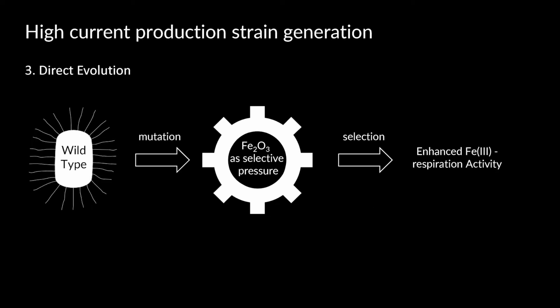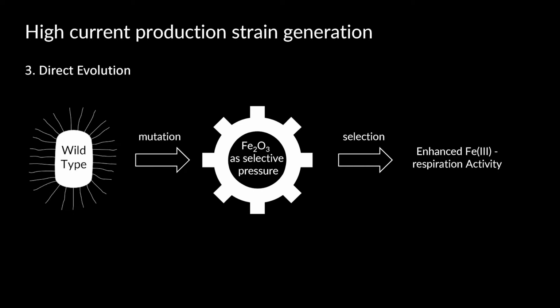The third way we propose is to use directed evolution to generate high current production strains. The concept was extended to protein evolution, while the evolution of bacteria under selection pressures favors the evolution of a single gene in its genome.